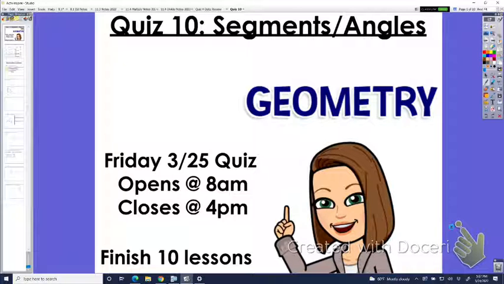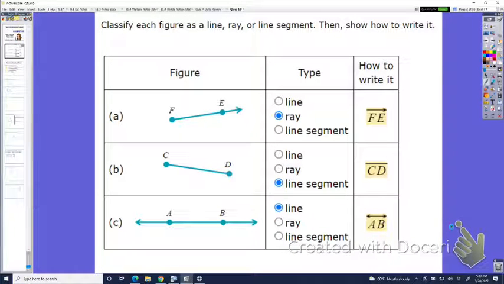So this quiz is on segments and angles. The first few questions are classifying each figure as a line, ray, or line segment, then show how to write it. So you should know the difference, hopefully, between a ray, a line segment, and a line. A ray has one endpoint and goes forever in one direction. So that first example there, A is a ray. You name it by the endpoint first.